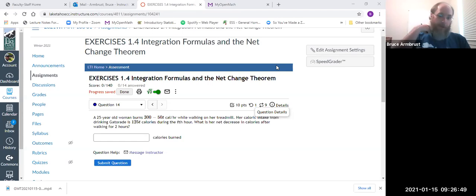And so Era's also put in there, you know, combine. We are going to want to combine them. We're going to want to look at the decrease in calories from working out, but then the increase in calories from drinking the Gatorade, and see how that balances out. So we definitely do need to combine them. Adam said, add them together. I don't like add. I think we need to subtract them, right?